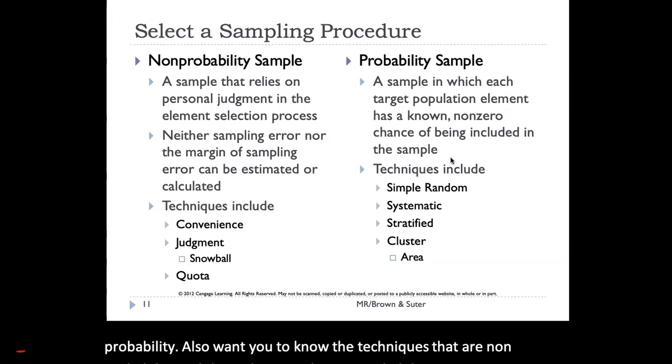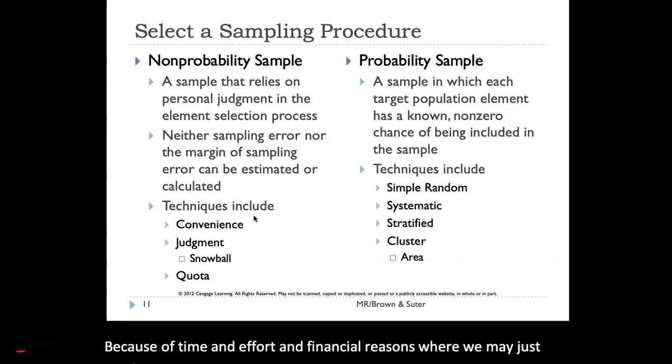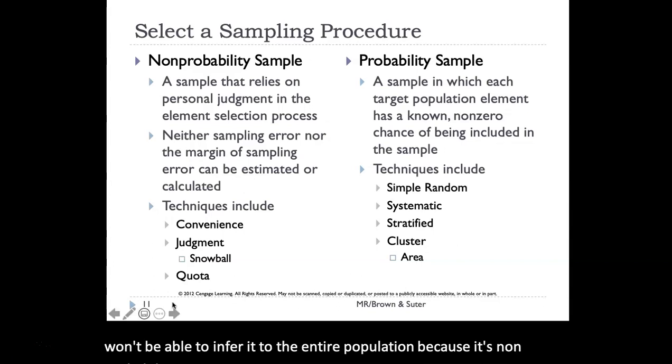One thing I do want to make clear here is that even though, as I've described so far, it would seem, oh yeah, we definitely want a probability sample, sometimes even that is not possible because of time and effort and financial reasons, where we may just conduct a simple convenience sample that, for our own purposes, we want to know something, but we won't be able to infer it to the entire population because it's non-probability.